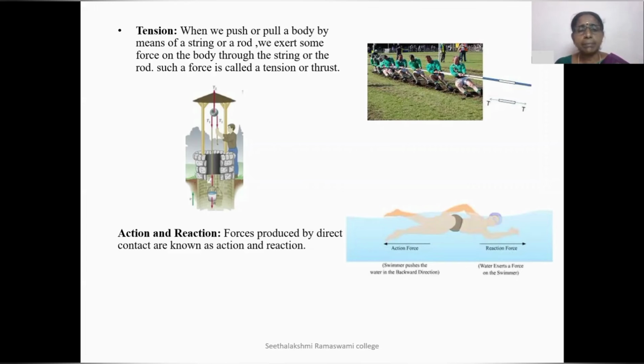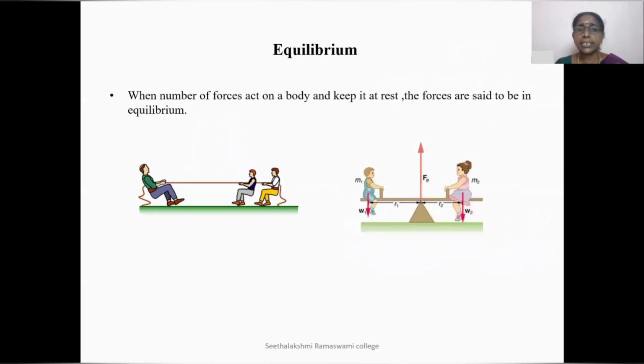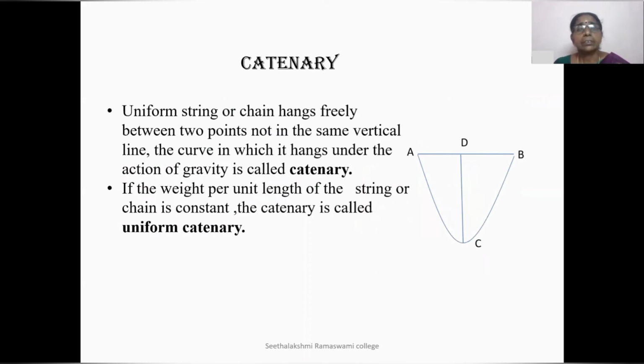When two bodies impact each other, the force the first body produces on the second body is called action, and the force the second body produces on the first body is called the reaction. Equilibrium: when a number of forces act on a body and keep it at rest, the forces are said to be in equilibrium. Based on these concepts, we are going to see catenary.